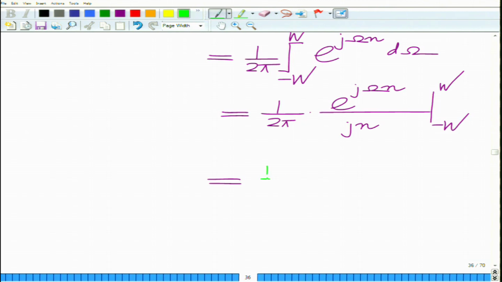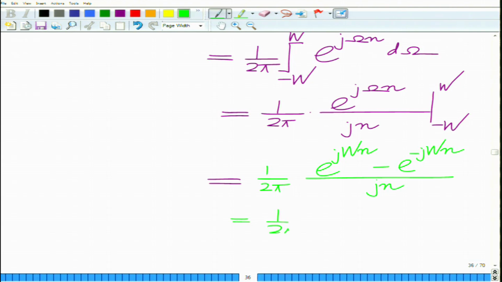which equals 1 over 2 pi times e raised to j W n minus e raised to minus j W n divided by j n, which is 1 over 2 pi times 2j sin W n divided by j n.